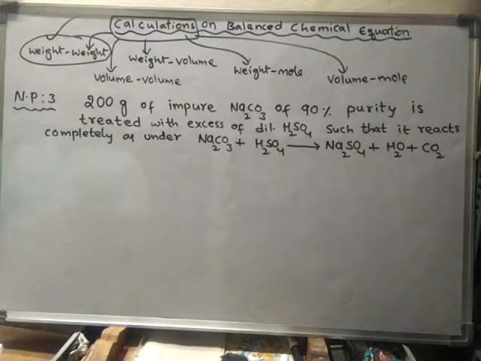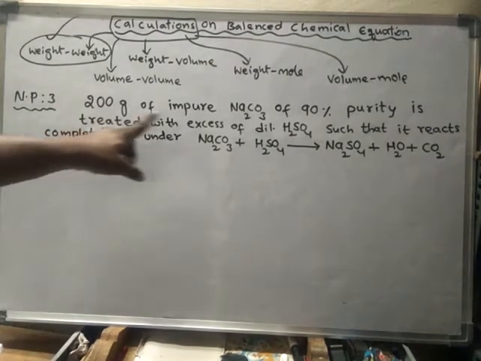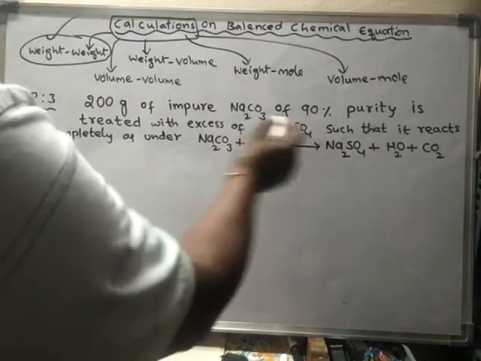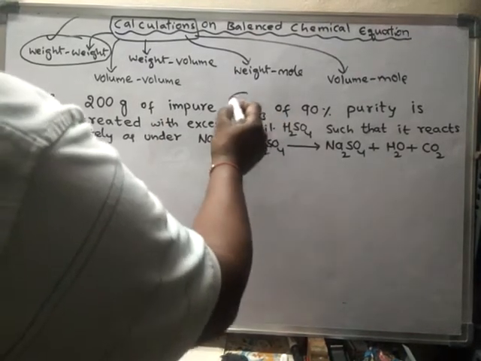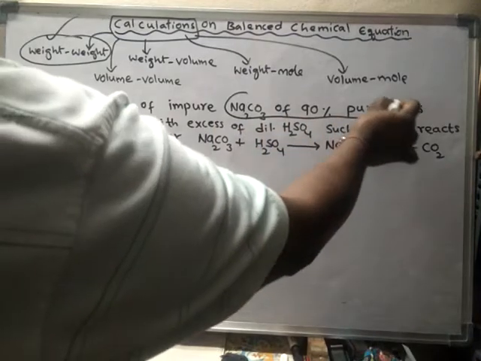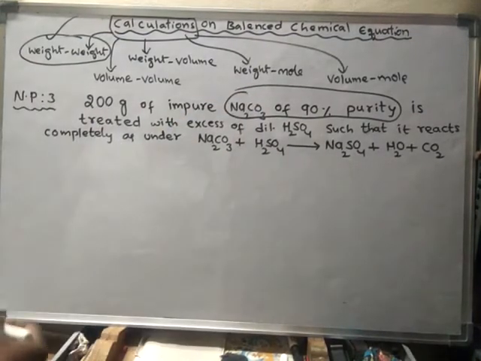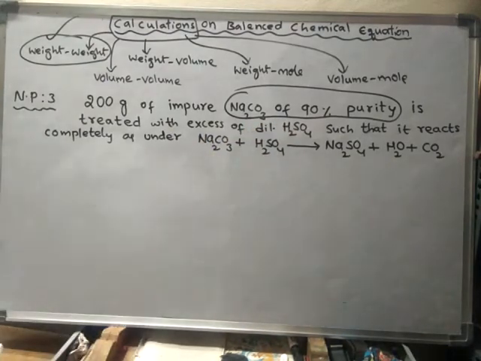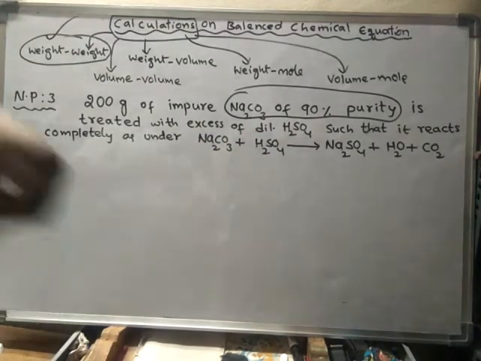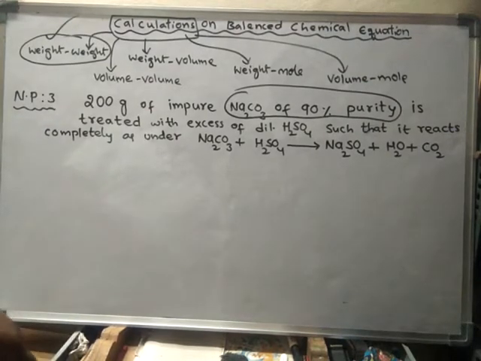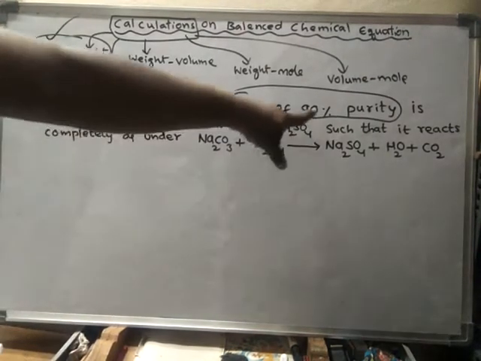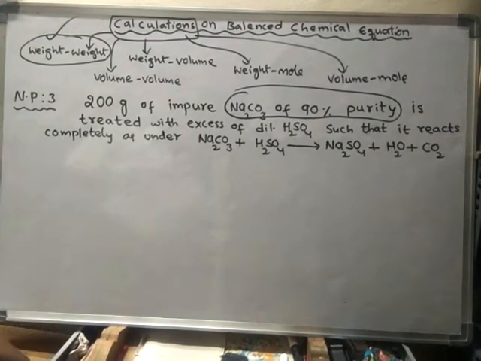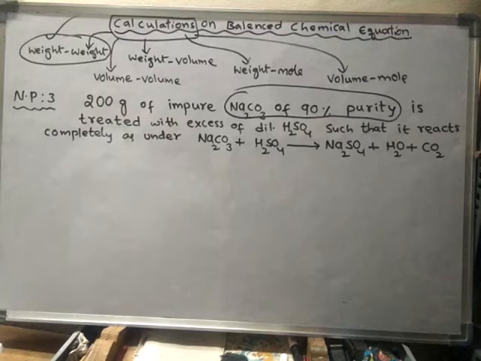So now this is the question. 200 grams of impure sodium carbonate of 90% purity is taken. It is impure sodium carbonate. If it is 100% purity, then it is said to be pure. If it is 90% or 80% or any percent other than 100%, then it is said to be impure.